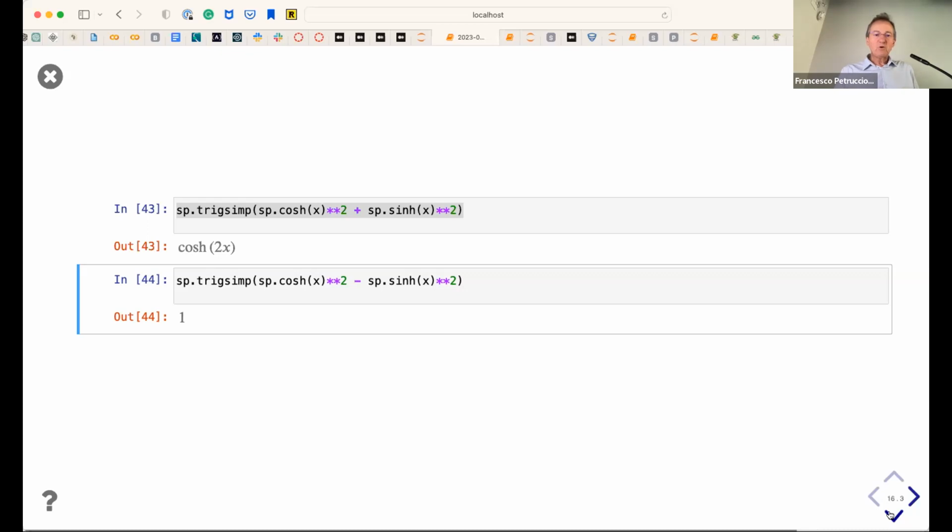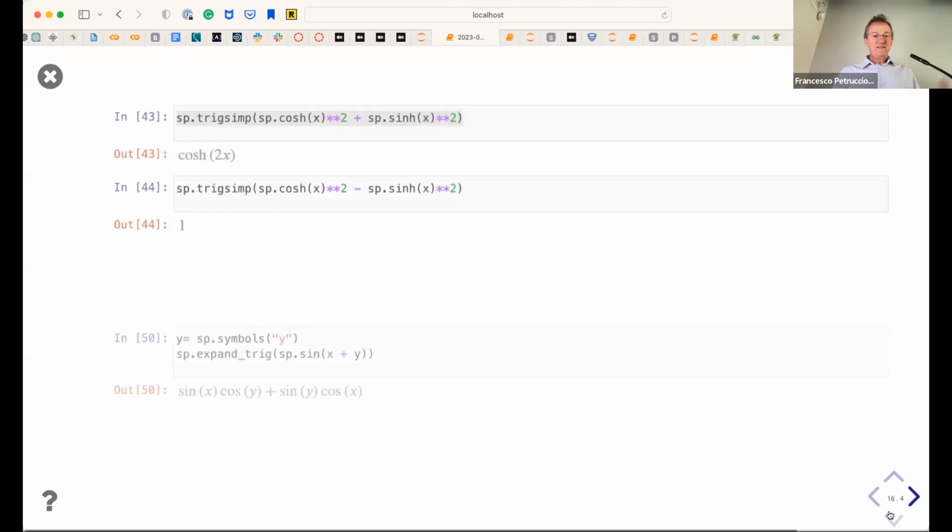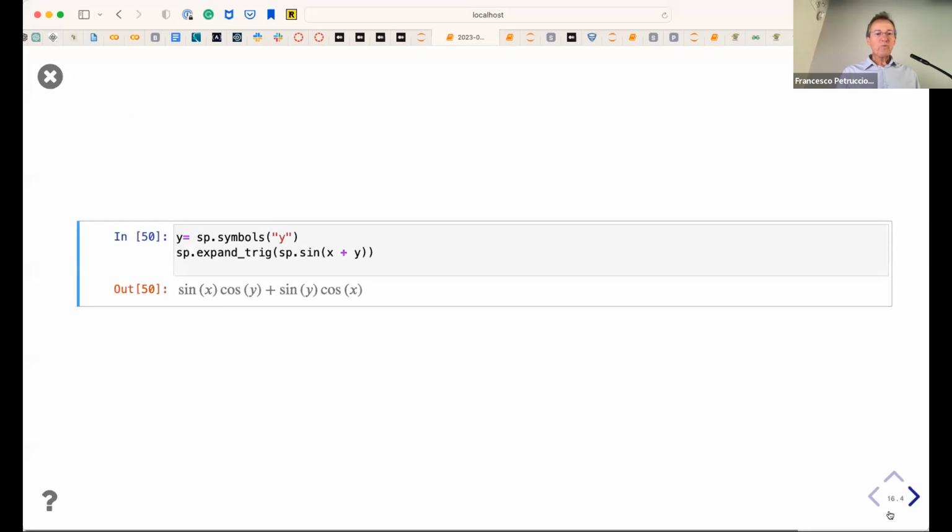And of course you can use it also the other way around. For instance, in this case you have the sine of x plus y, but you want it expressed with sine and cosine.